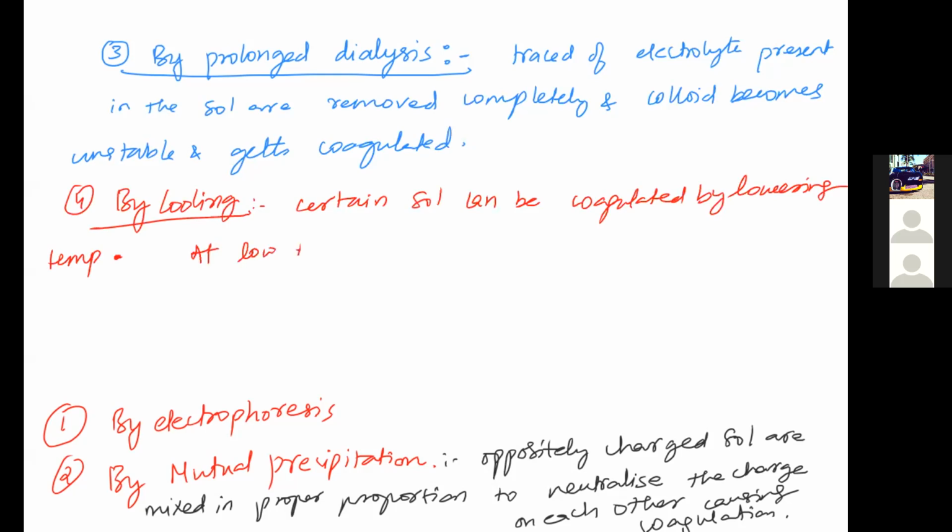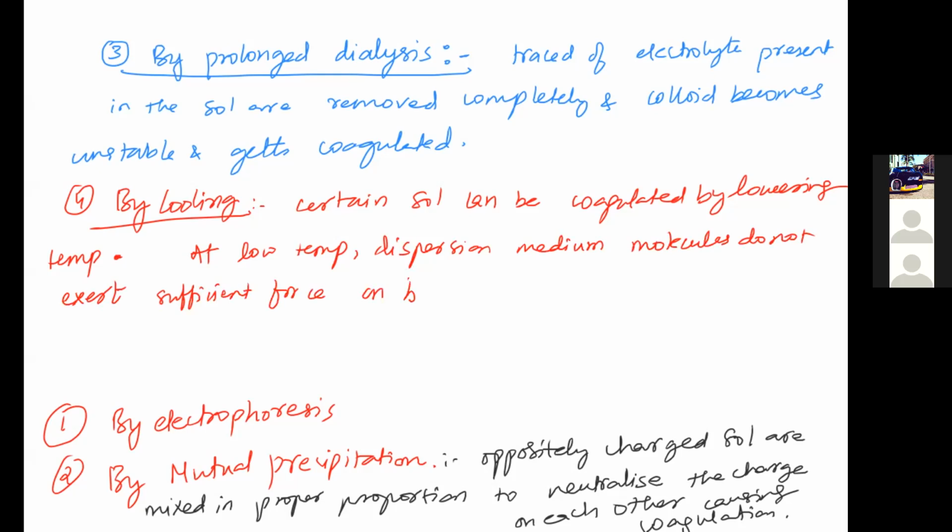Because at low temperature, the dispersion medium molecules do not exert sufficient force on dispersed particles. So here the Brownian movement becomes less effective.